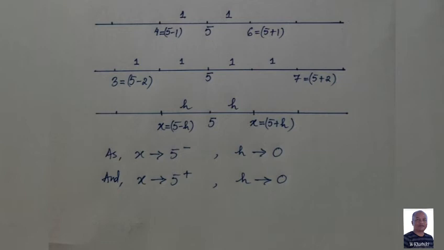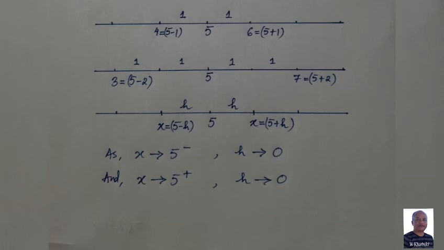Actually they are very, very close, x and 5. But you know here the length of the gap is h. So that number x, which is just before 5, can be written as 5 minus h, and that number x, which is just after 5, can be written as 5 plus h.